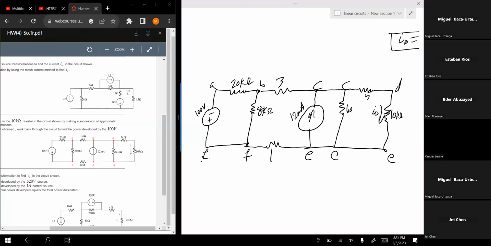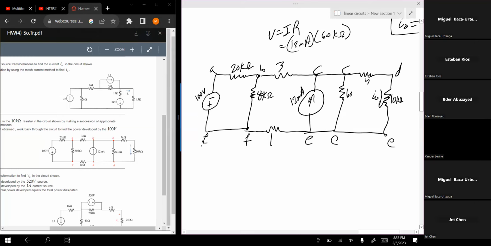So I'm seeing a source transformation right here. So V equals IR. So if we did source transformation, it would be 12 milliamps times 60 kilo ohms. Actually, see, that's why notation is important.